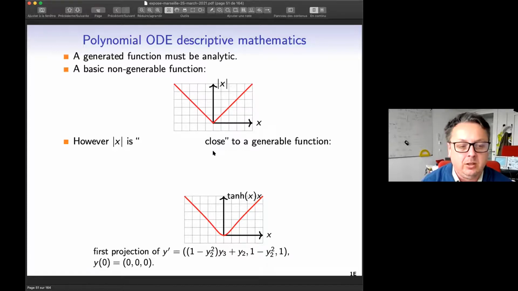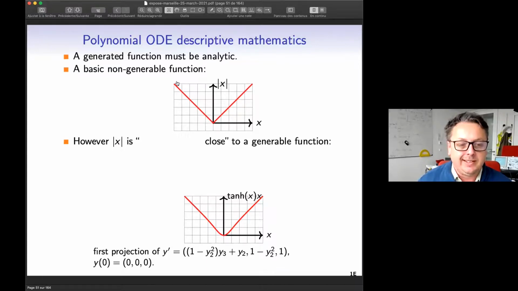So something close could be, think of an example of a function which could be close. You could take something like the hyperbolic cosinus, which has a shape which looks like absolute value. Another example is to take hyperbolic tangent of x times x, which is drawn here using GNU plot.